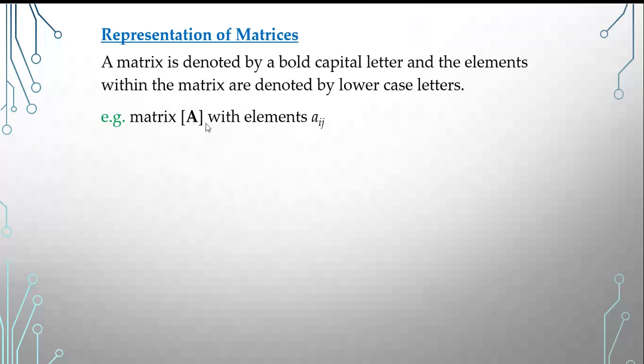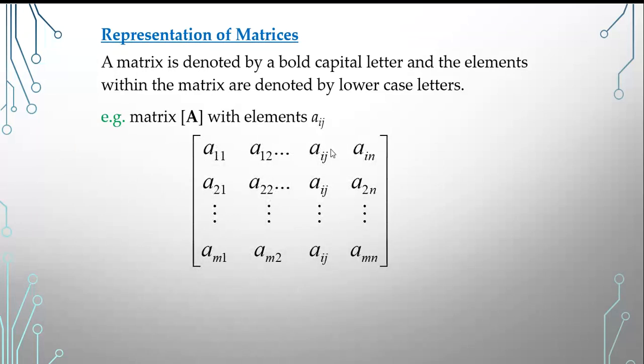So this is the representation of any matrix, and the elements of this matrix are of type a_ij, where i stands for the rows and j stands for the columns, right? So here we have the elements a11, a12, aij, a1n, and the column elements a11, a21, am1, like that. So these are the rows and these are the columns.